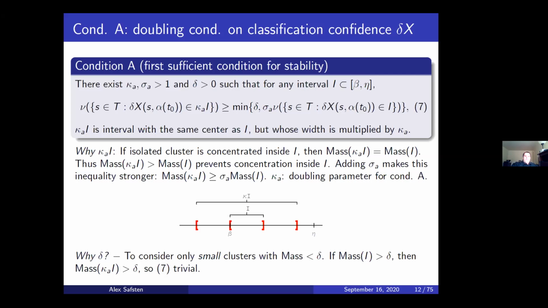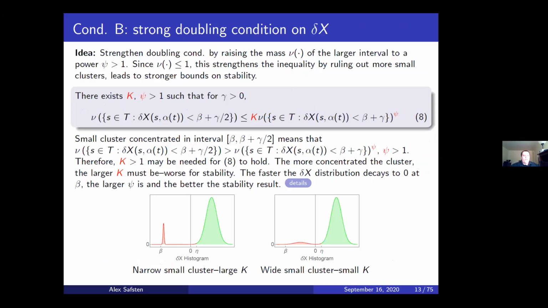However, condition A can be strengthened, leading us to a new condition, which we'll call, rather uncreatively, condition B. And this is a stronger doubling condition on the set of delta x values. So the idea is that the mass of any number of objects, that is nu of any set, is less than or equal to 1 because nu is a probability measure.